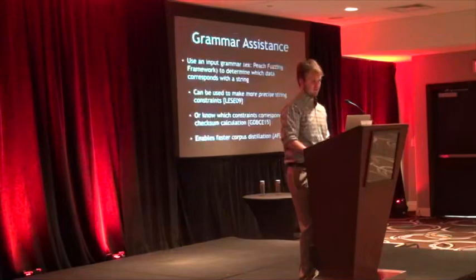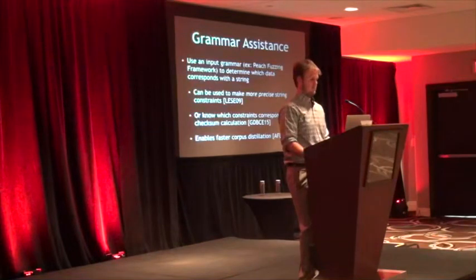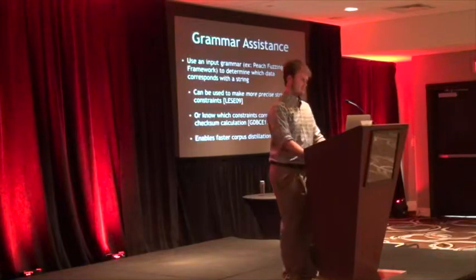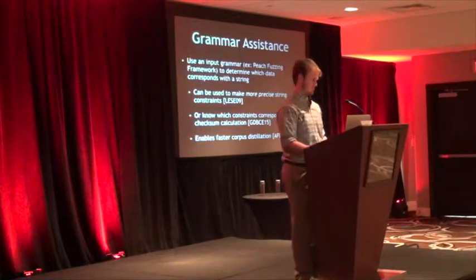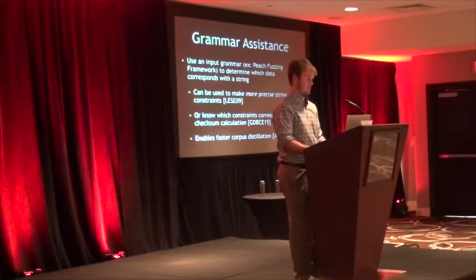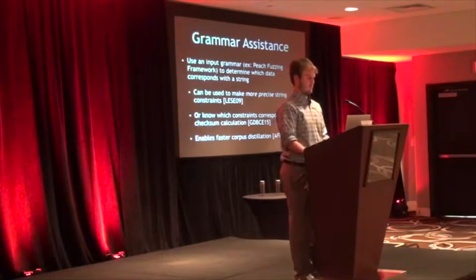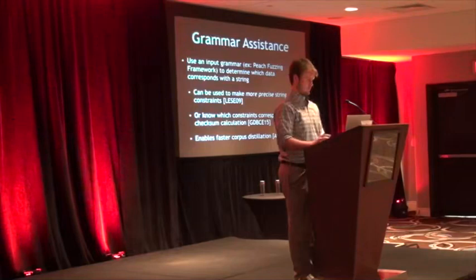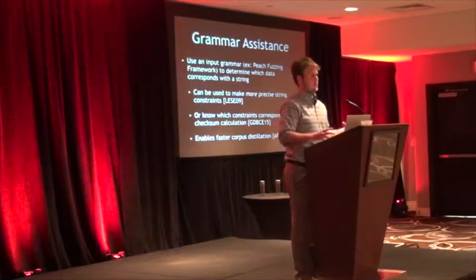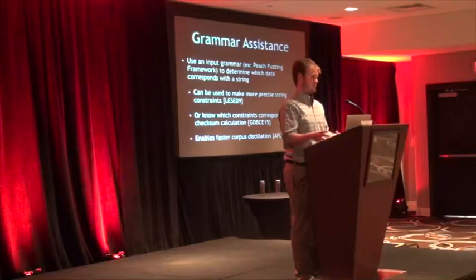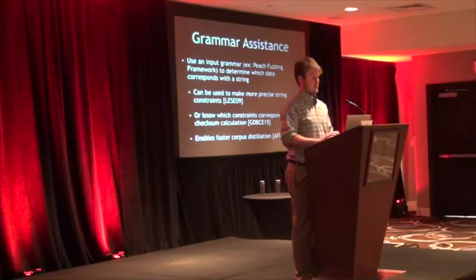So another thing that you can add on top of these techniques is something called grammar assistance. You've probably seen this before, because if you've seen a parser before, you know what a grammar is, or at least you've used one. So what you can do with grammar assistance is take the seed input, push it through your parser, and look at the constraints and determine whether any of those are over string values.